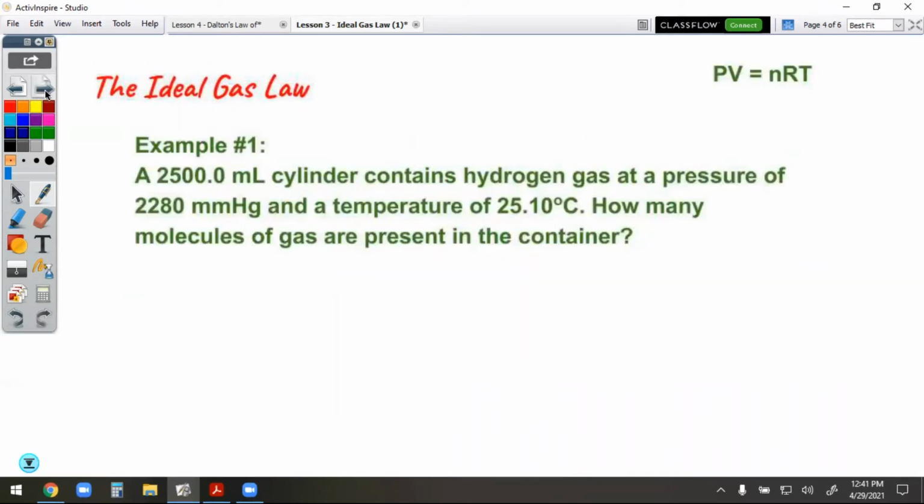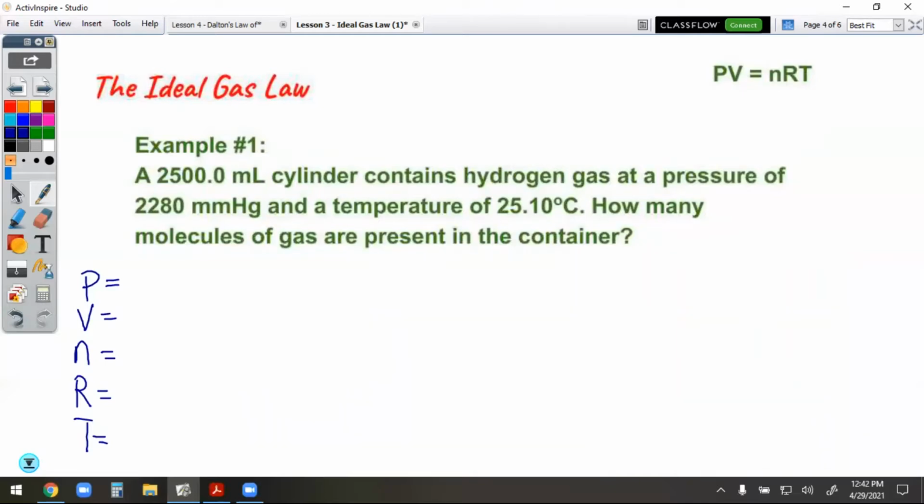As we've done in the past, I'd like to begin by identifying what the variables are on the left-hand side. So since we are learning about ideal gas law, we are going to be concerned with pressure, volume, the number of moles, and the temperature.